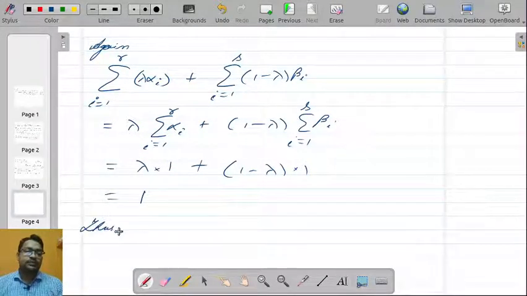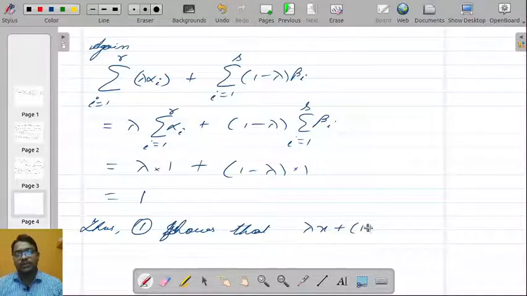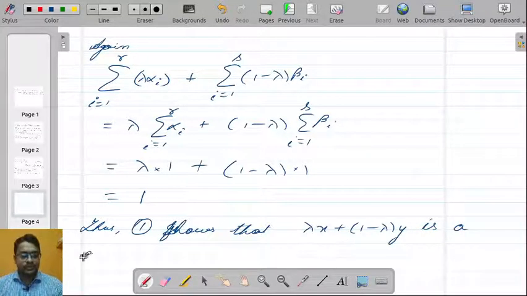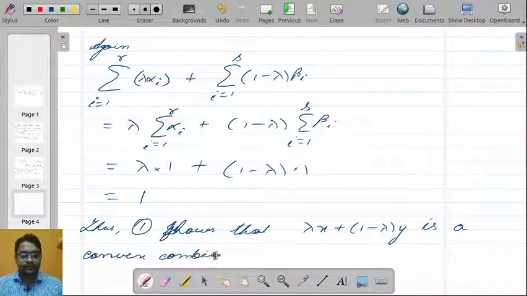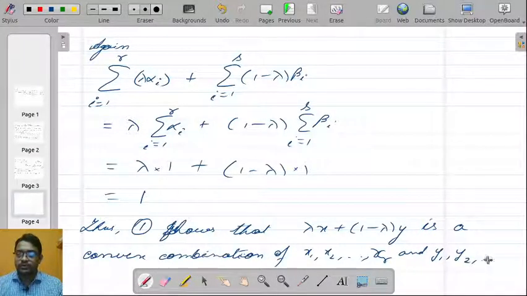Thus this shows that lambda x plus 1 minus lambda y is a convex combination of x1, x2 up to xr and y1, y2 up to ys.